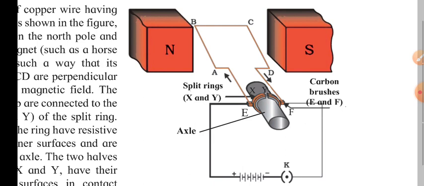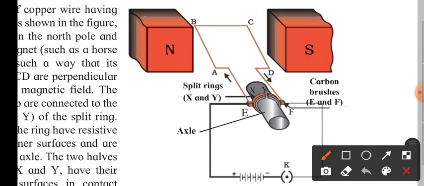Now, when the power supply is on, current starts to flow through it, and when it reaches here, it goes in the coil this way, and then from here it comes this side, and you can see there is a change in direction. This was going upward and this is coming downward, so we have two opposite directions.